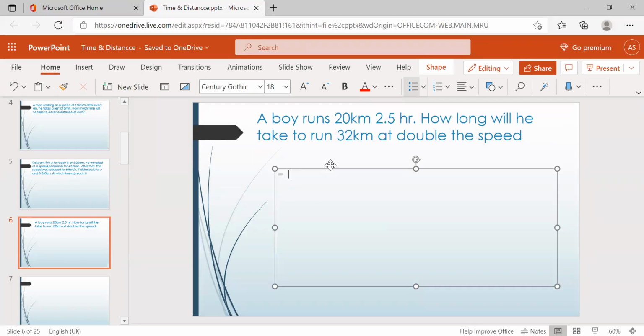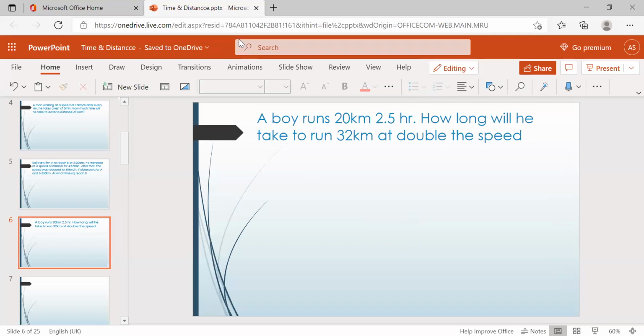It's an easy one. Just understand what they're asking. First of all, write the given data for understanding purposes. If you practice this more and more, then there's no need to write the given data; you can directly substitute.